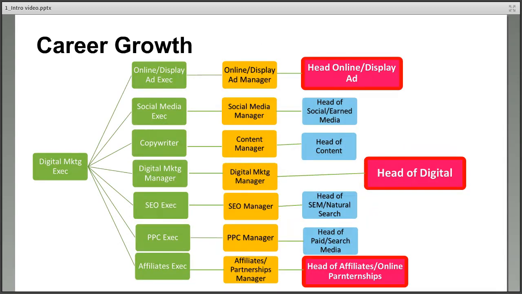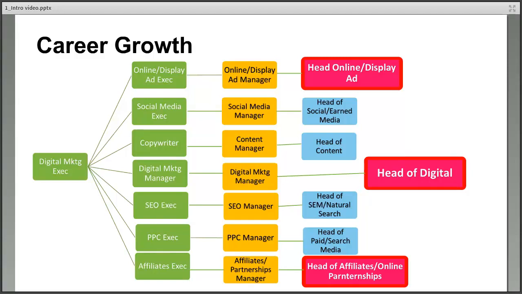Apart from SEO, there are multiple verticals which you can focus on and which you can become a professional in. One of it is the online or display advertisement executive. The other one is the social media executive, wherein you handle just the social media channels for the company. The next one is a copywriter, wherein you write and create content for all the social media campaigns as well as digital marketing.